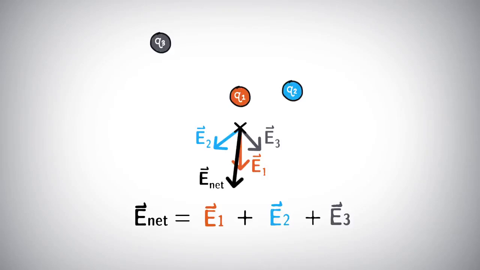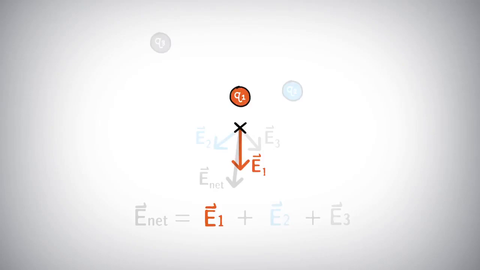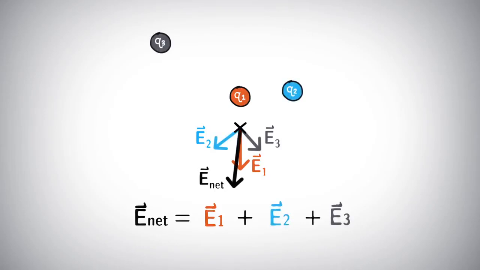To say it another way, the electric field due to a given source point charge at a given location is unaffected by the presence of other source point charges. We can calculate the electric field of each source point charge just as if the other source point charges didn't exist. Then, to get the total electric field, we simply superpose the fields of each charge. That is, we just add up the fields vectorially.